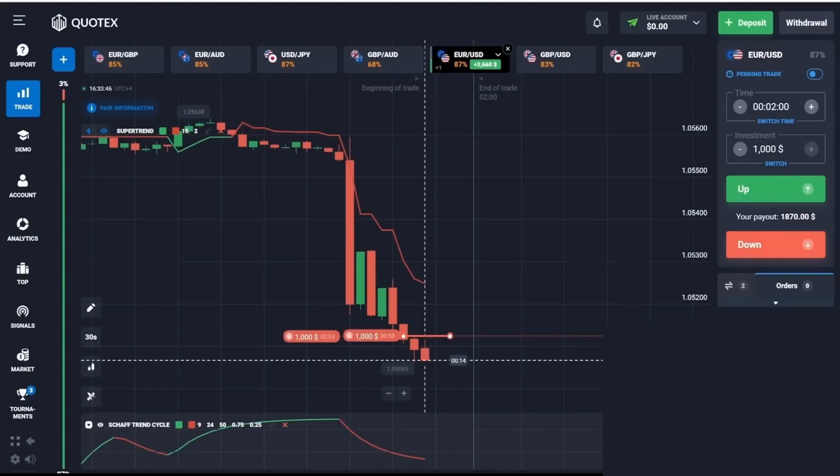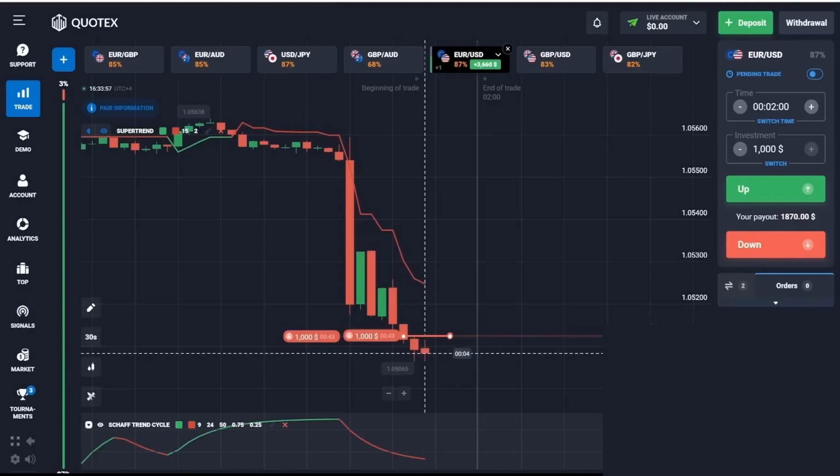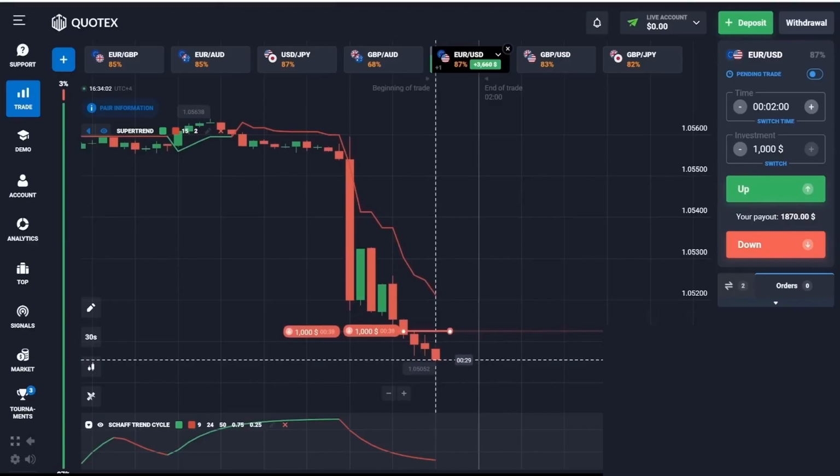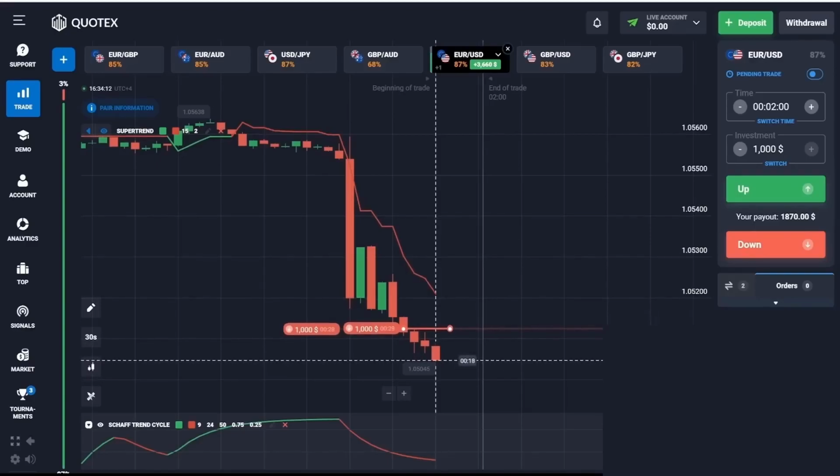I also take into account the fact that no matter what the downward trend is, I definitely look at both indicators. For example, the Schaff Trend Cycle line should also be in a downward direction in this case. And if it is red, it is considered the best signal.